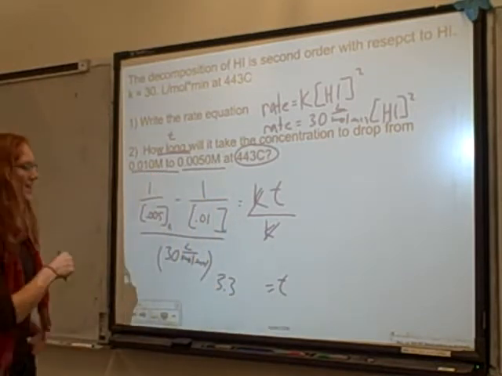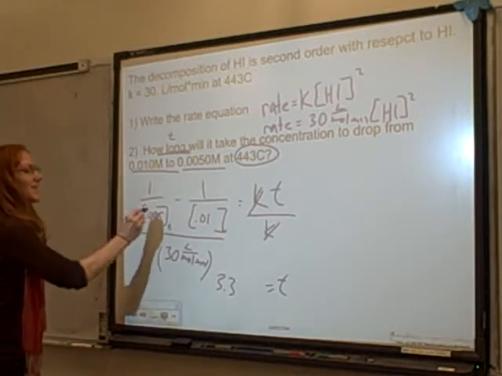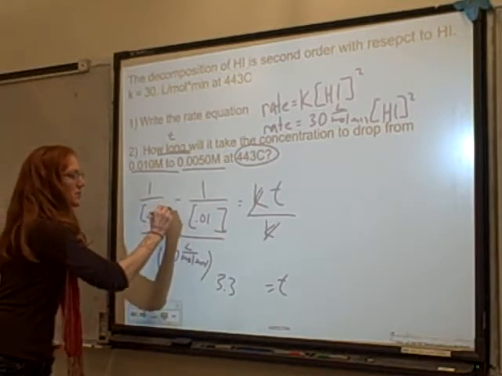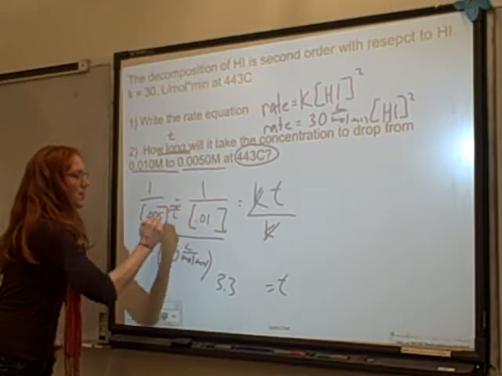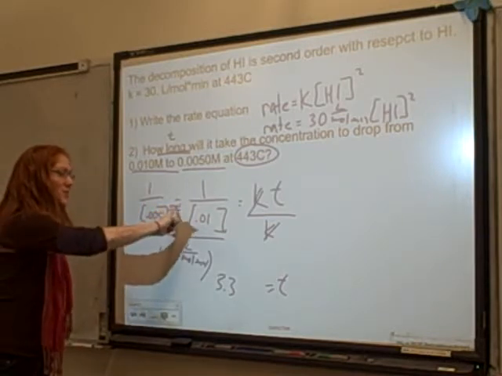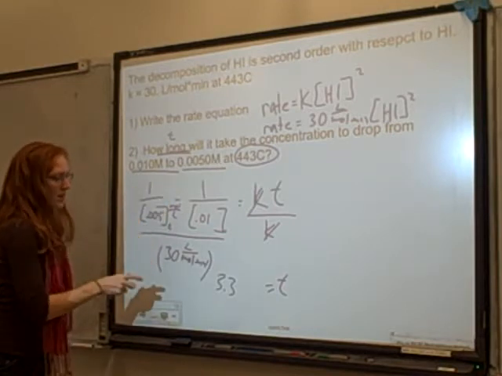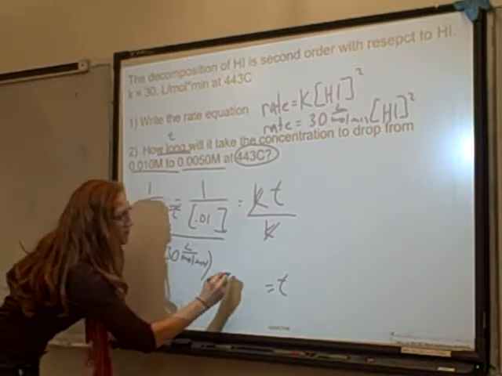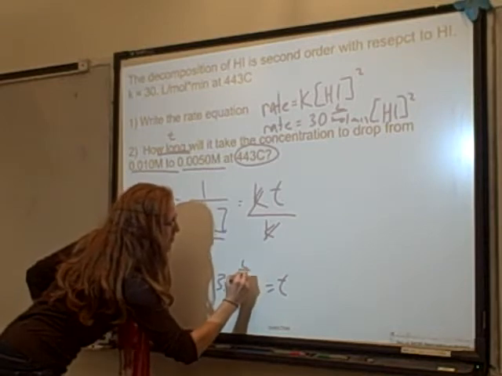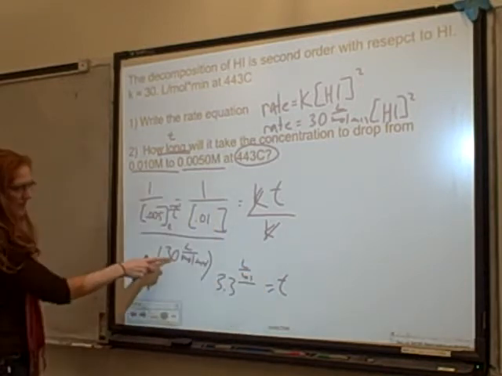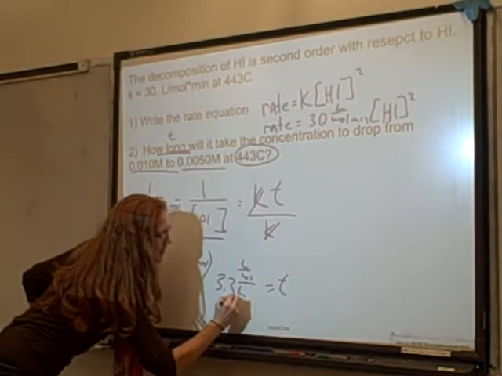Oh, shoot. Okay, 3.3. And then this is 1 over concentration, so that's moles per liter, right? But it's 1 divided by moles per liter, so you multiply by the reciprocal. This is really liters per mole in the top. So I have liters per mole, divided by liters per mole minute.